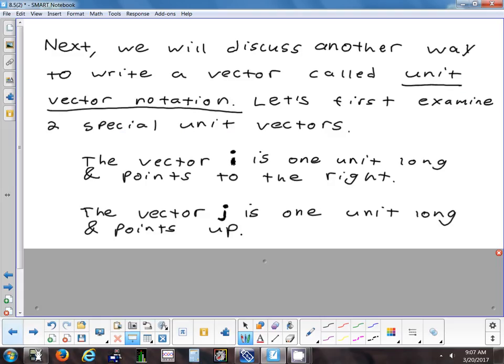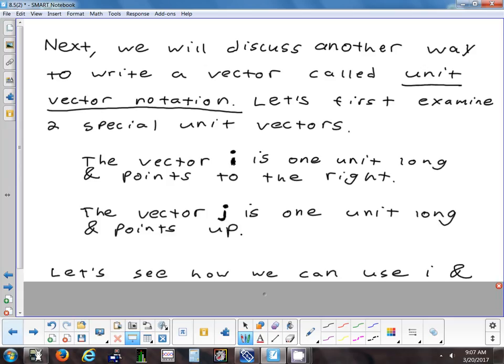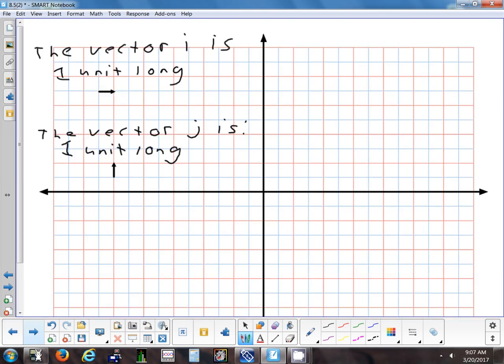There is one more special unit vector, but it only applies if we're going to work in 3D, and that'll be on Wednesday. Anybody have a guess what the third one is called? k. Yeah, it's k. So i points to the right, j points up, and there's a picture of j.